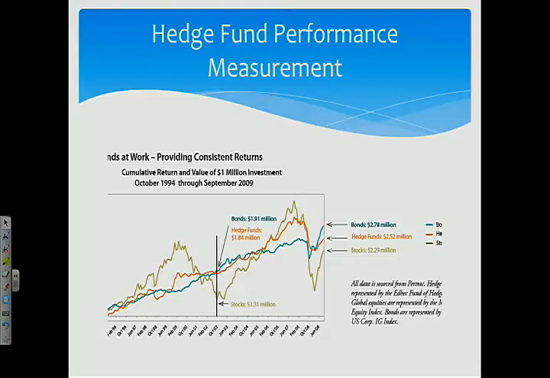From a performance perspective, hedge funds have been successful in achieving their objective of providing consistent returns that exhibit low correlation to the broad equity market while maintaining low volatility.